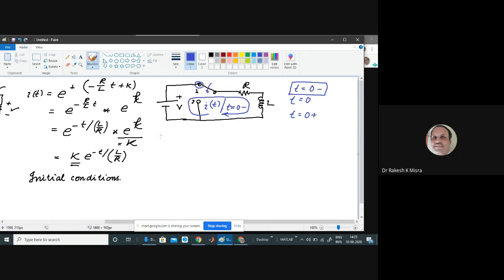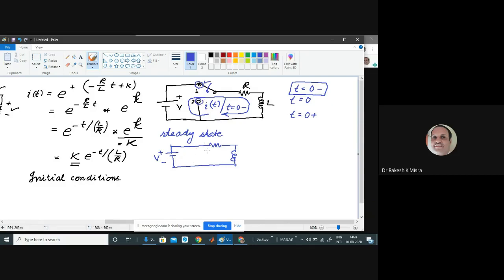So in steady state, the circuit will be simply a voltage source, resistance, and an inductance. As it had been in this position for a long period of time before switching from 1 to 2, the current would have settled here.